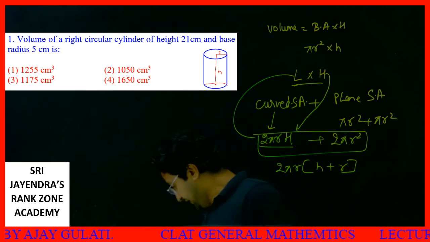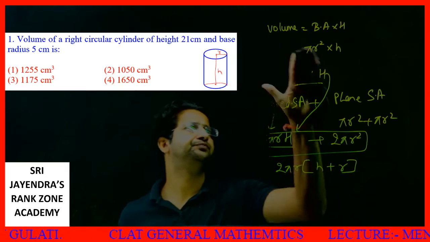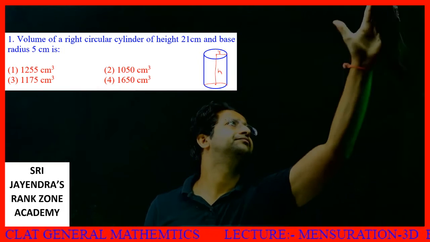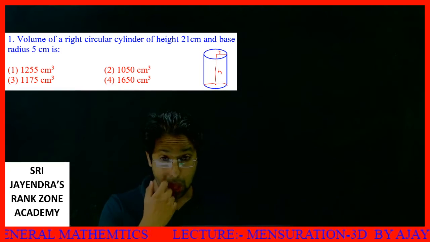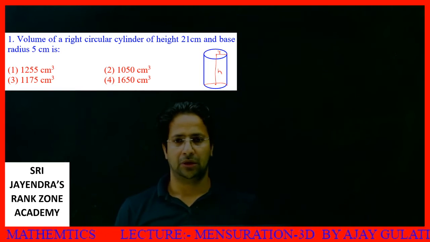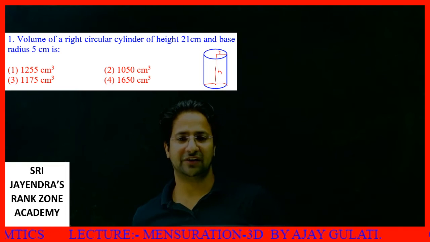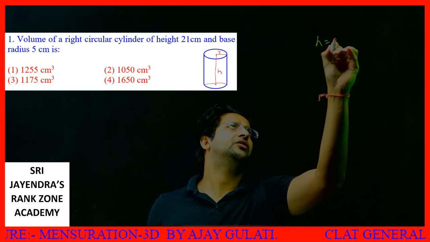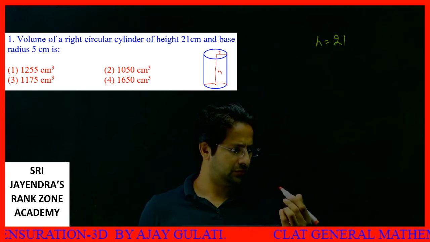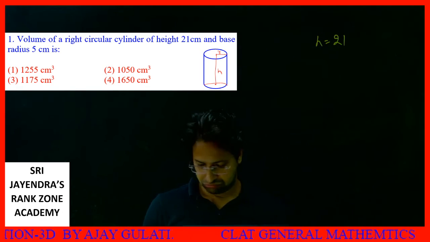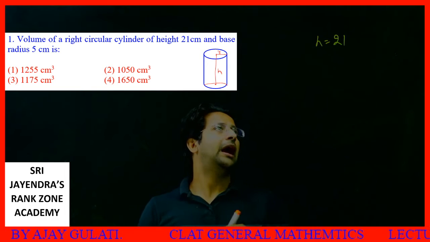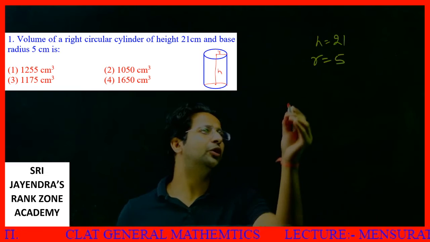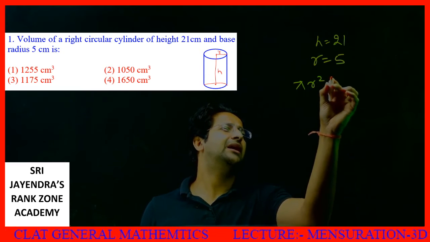The volume of a right circular cylinder of height 21 and base radius 5 cm is: h is equal to 21 and the base radius is 5. What is the volume? I just told you, pi r square h.